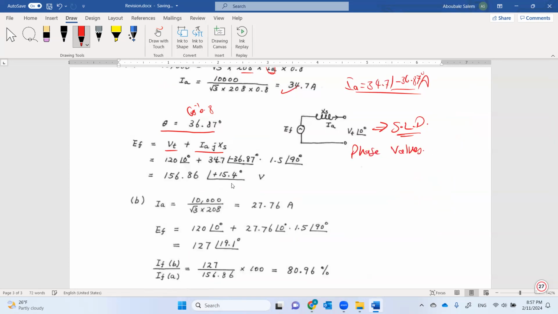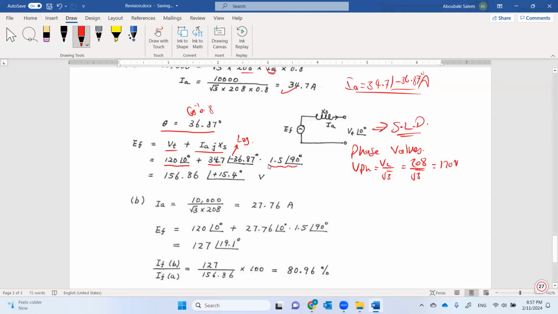So in this case, guys, V phase is V line divided by root 3 because we assumed it's Y connection. So 208 divided by root 3 equals 120 volt. So this is the VT he used here in this problem, plus current times, at angle minus 36.87, again minus because this is lagging power factor.